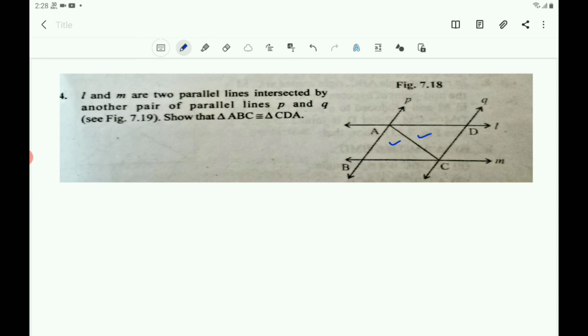And as they are parallel lines, you can have pairs of corresponding angles equal, pairs of alternate angles equal, and the sum of the interior angles on the same side of the transversal is supplementary. You take any one of the properties to get the pairs of angles which are equal.